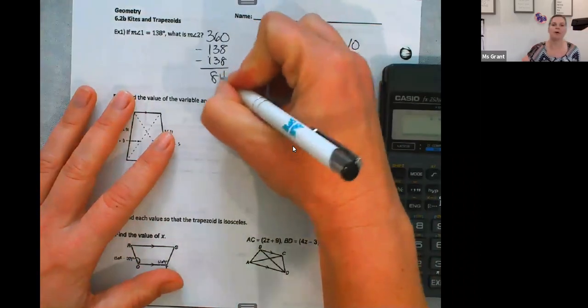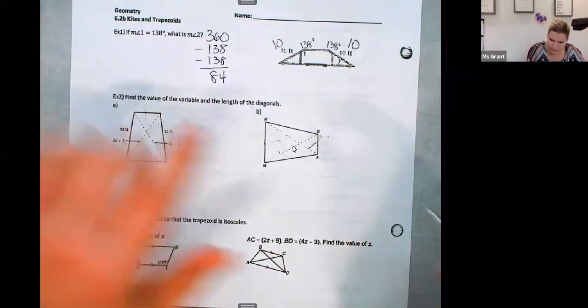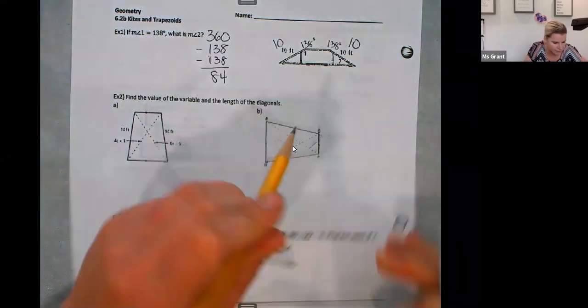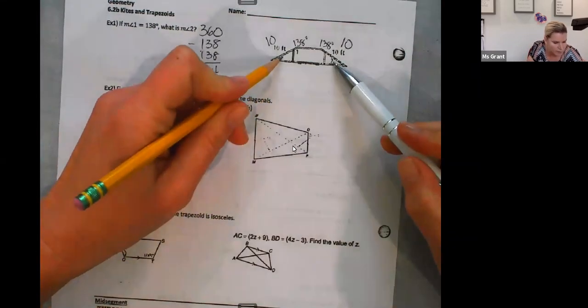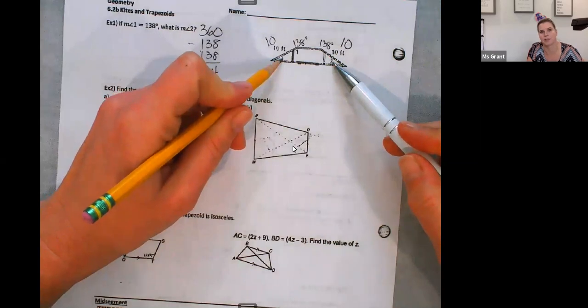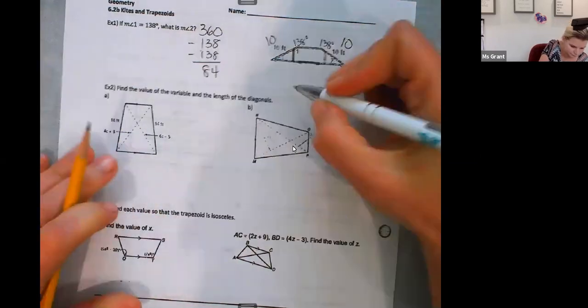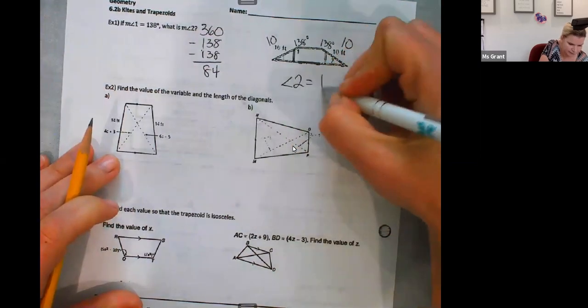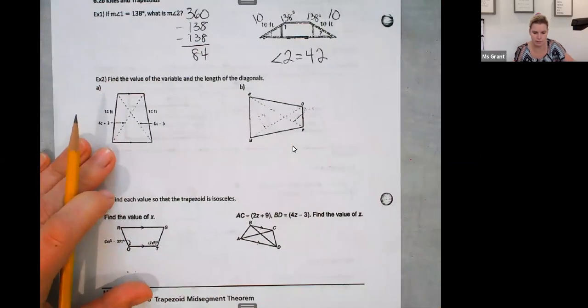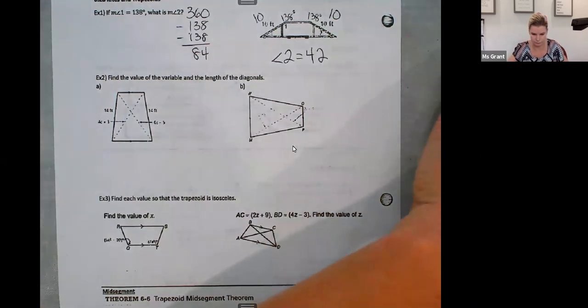Now, together, both of them are 84. These two angles right here make 84, but I only want to know one of them. So if they both make 84, one of them is half of 84, 42 degrees, right?